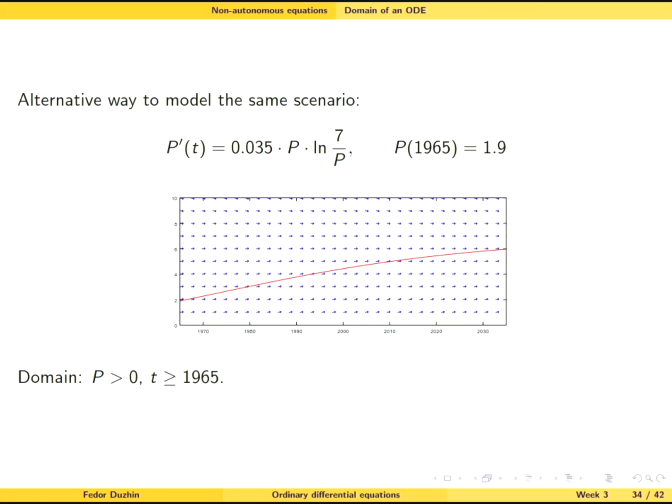Well, and the domain would be similar too, only probably now p has to be strictly positive, because otherwise there would be ln of 7 over p, and if p is 0, then it does not compute.